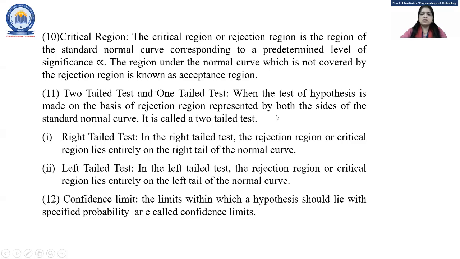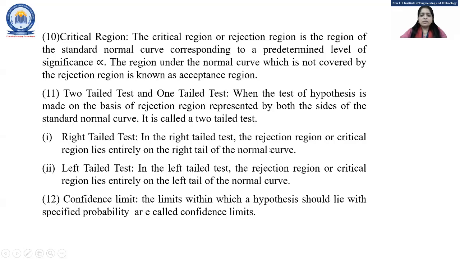When the test of hypothesis is made on the basis of rejection region represented by both sides of the standard normal curve, it is called a two-tail test. And if it is represented by either the right-hand side or the left-hand side, then it is known as the one-tail test, right?